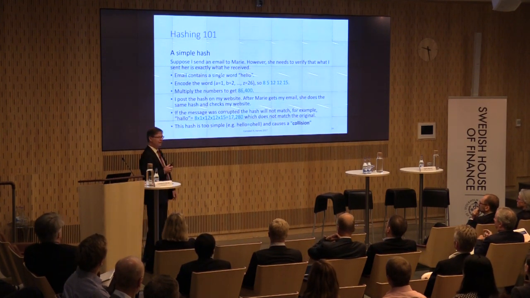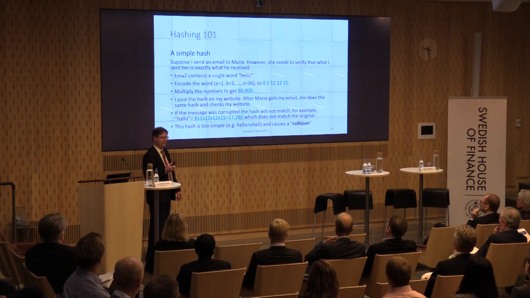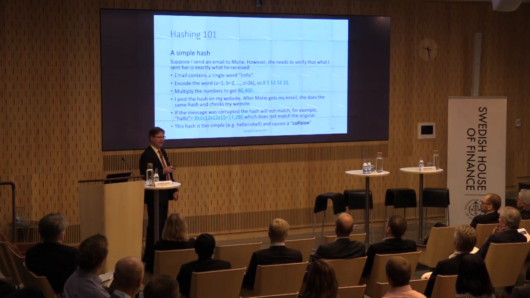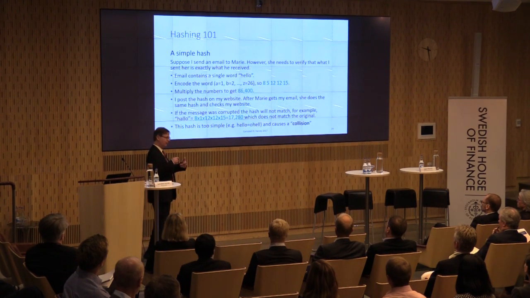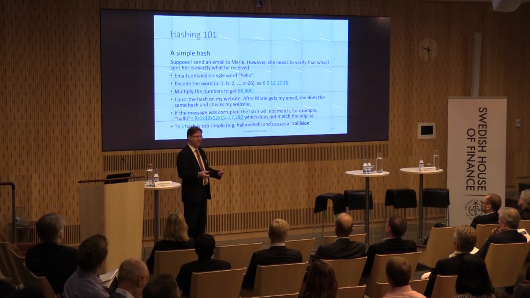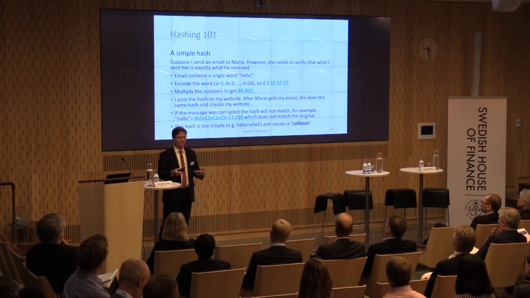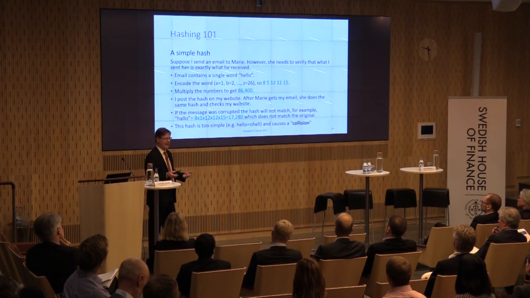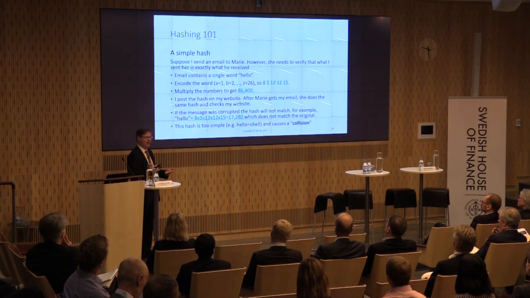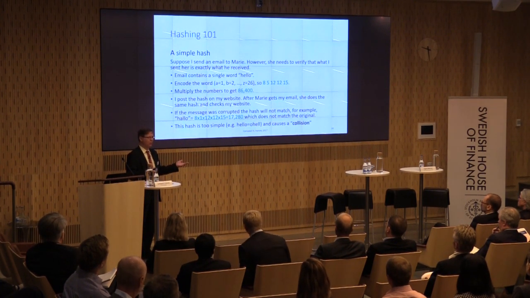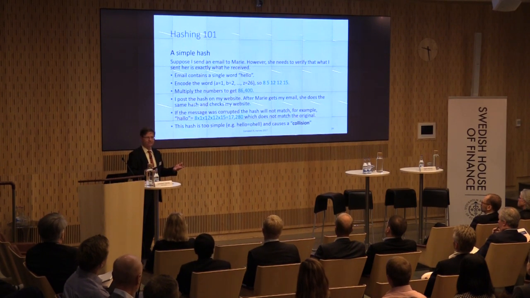Suppose the E is substituted with an A. Then when you do this hash, you get a totally different number, 17,280. So if it was corrupted, she would see that and then ask me to resend the message. So this actually happens all the time in the background. You just don't know it. Another word for this is checksum.